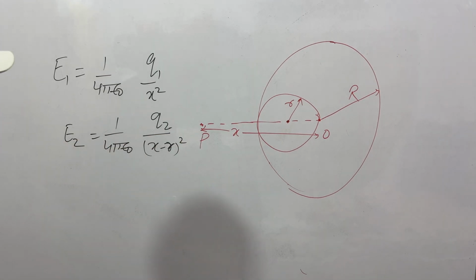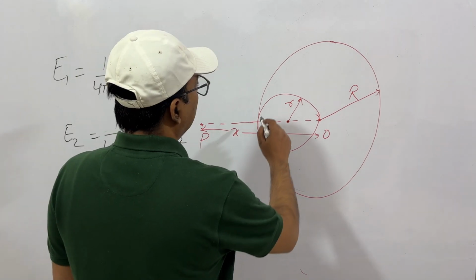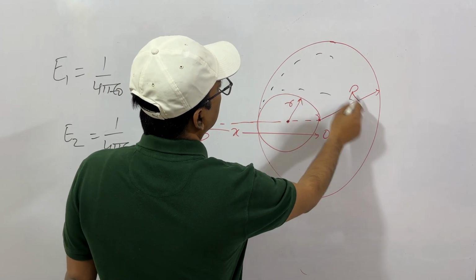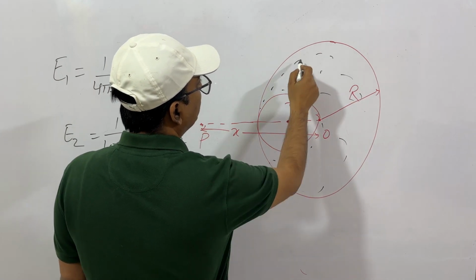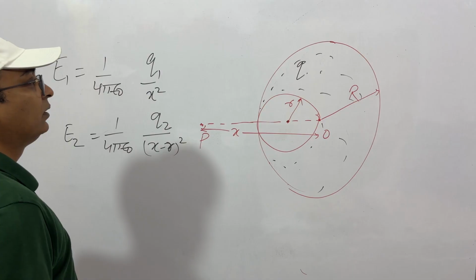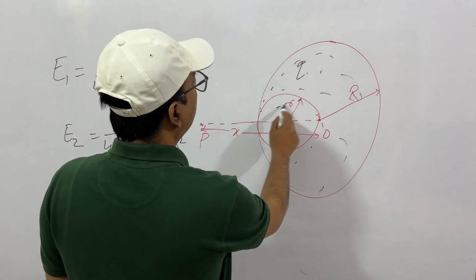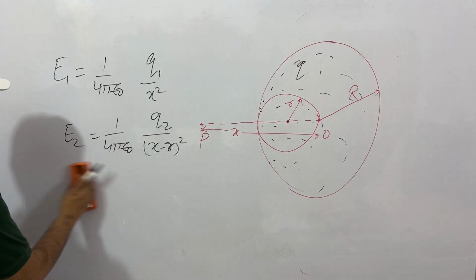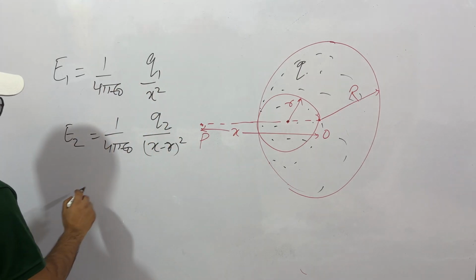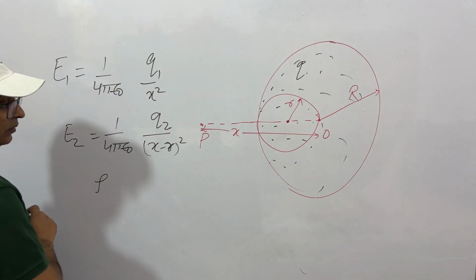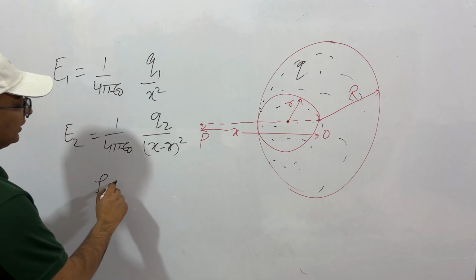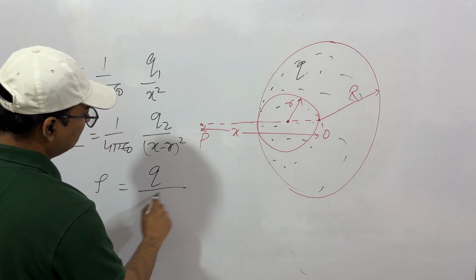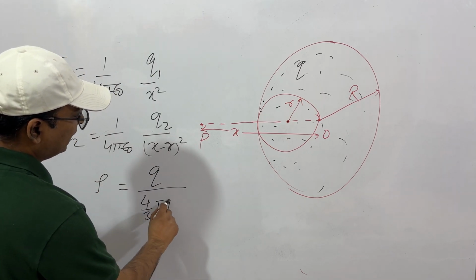Now what is Q1 and Q2? That is important. Let's say Q was on the complete sphere. Then, if Q was on the complete sphere, the volume charge density will be Q by V, that is 4 by 3 pi r cube.